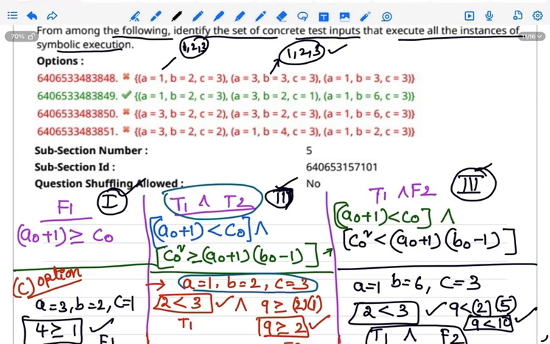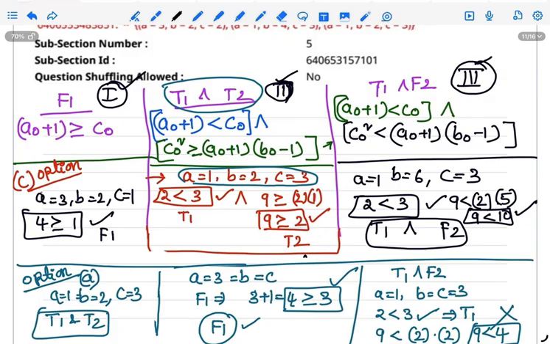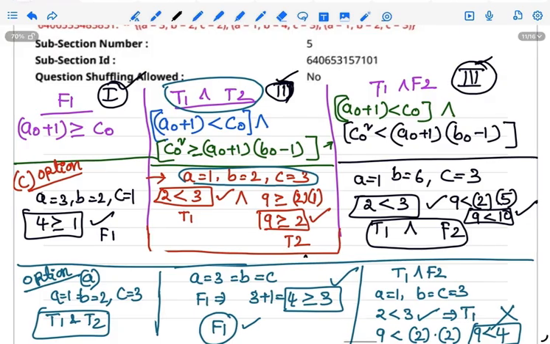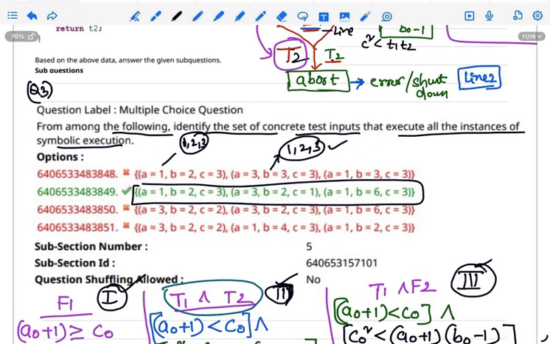This set of 3 concrete inputs must satisfy all the conditions, all the instances of symbolic execution. Here 3 instances of symbolic execution are satisfied, friends. But this is lengthy, and you can check and verify for every option, so you can solve this question at the end if you have time.